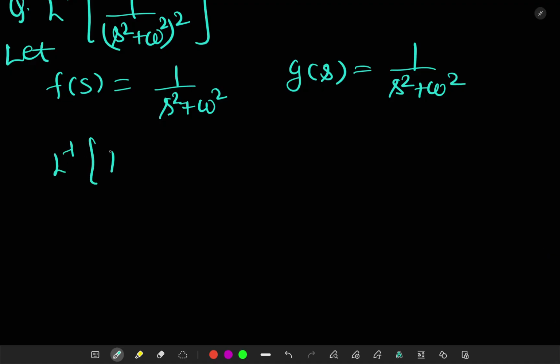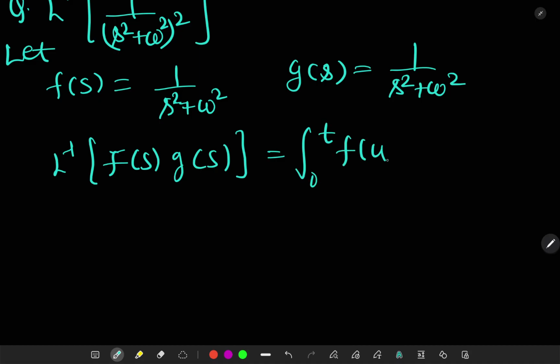So we need to find the Laplace inverse transformation of F(s) G(s), which is equal to the integral of f(u) g(t-u) du.